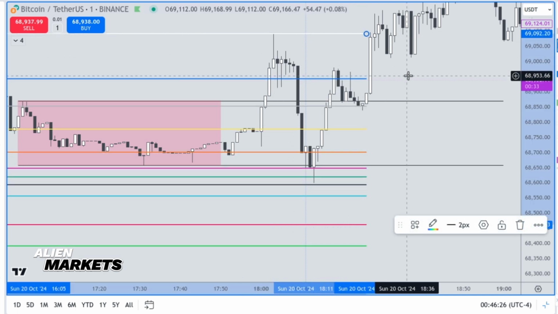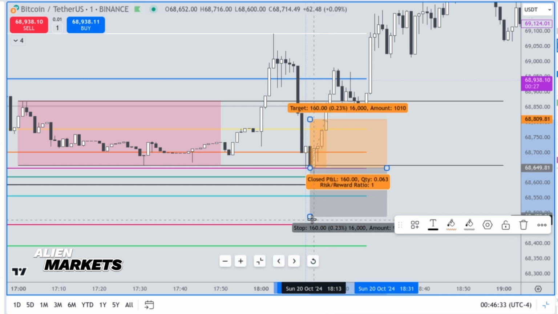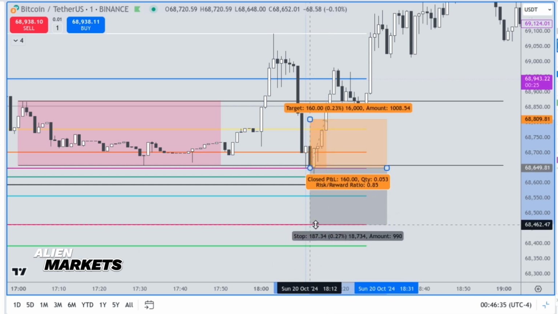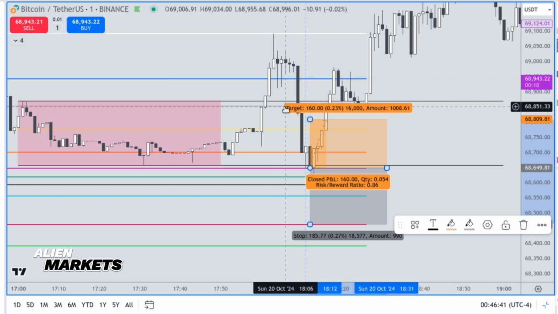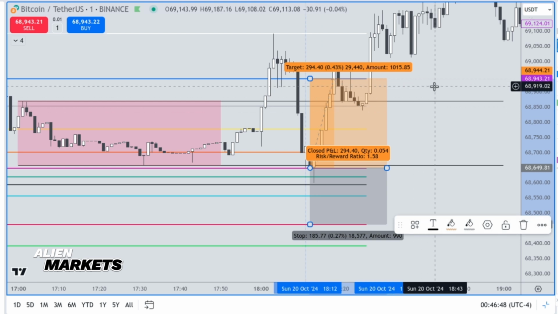First of all, you could have taken this 70.5%, which by the way is one of ICT's OTE retracement levels. That's why I use them.